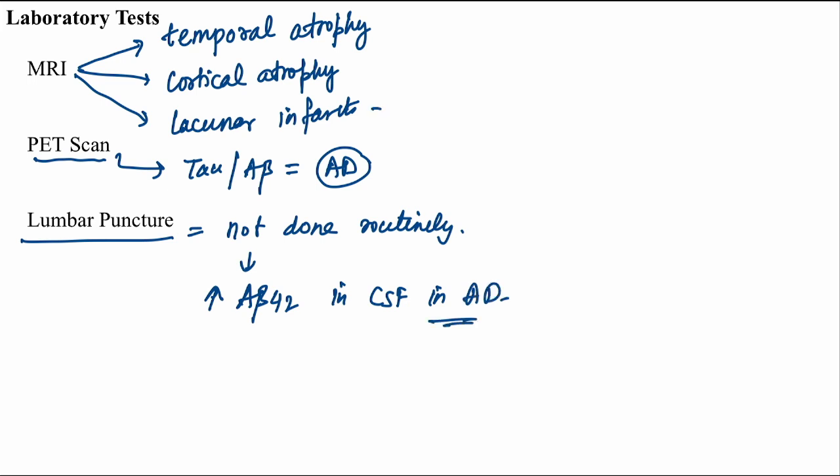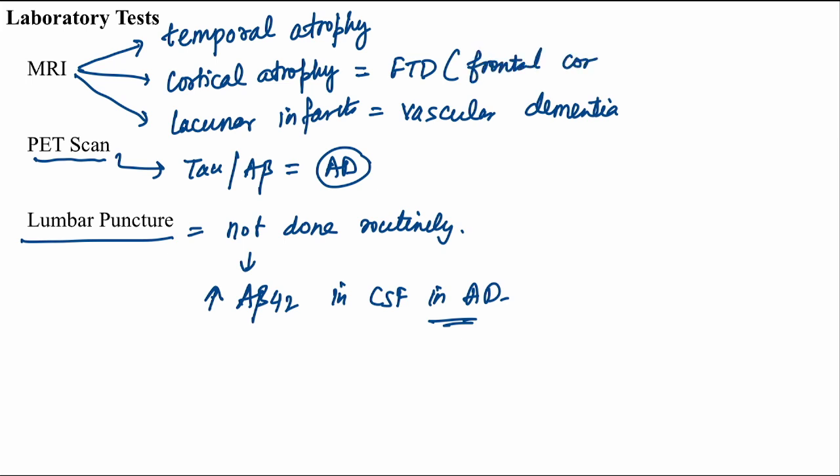Lacunar infarcts are seen in vascular dementia. Cortical atrophy is seen in frontotemporal degeneration. I mean frontal cortical atrophy. Temporal atrophy is seen in Alzheimer's disease.